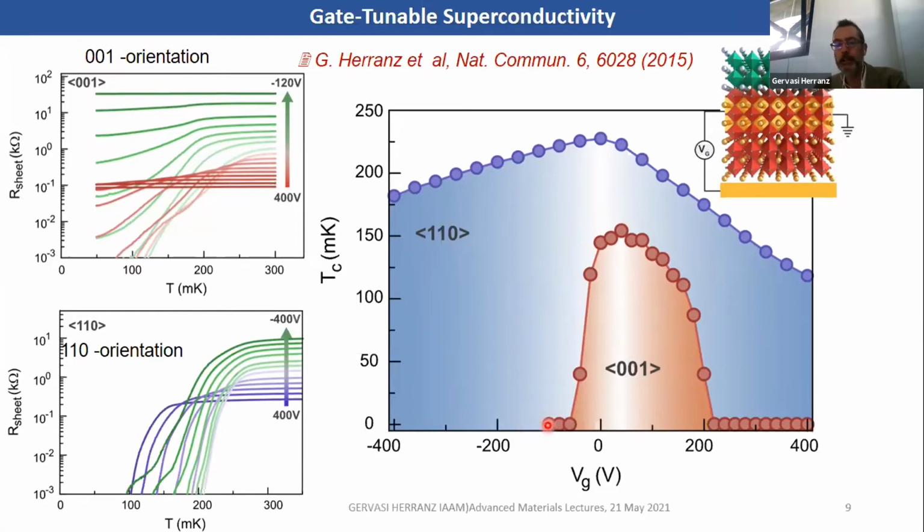So basically there is a superconductivity region here for the 001 orientation. But what happens in the 110 orientation is different. Here, again, we observe a transition to superconductivity in a similar range of temperatures, but now, in the range of the values for the gating, this is not suppressed.